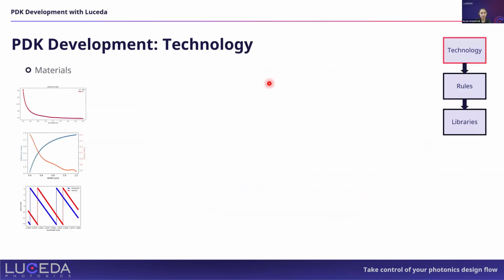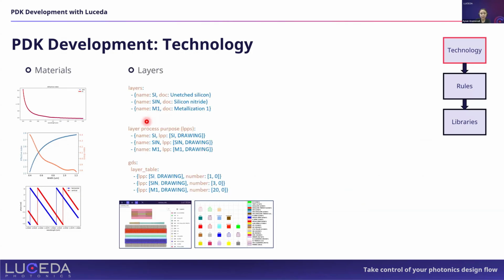So looking at the technology definition of the PDK, first we need to define the materials. They can be silicon, silicon nitride, and you can put the data in the Luceda platform and use them. Then you can also implement the models for birefringent materials.